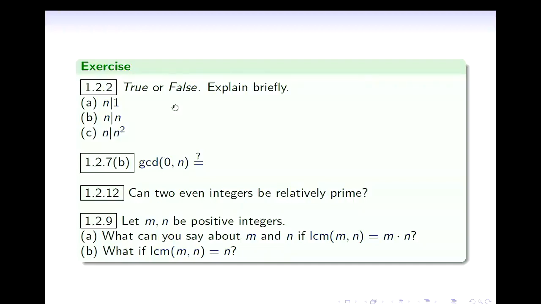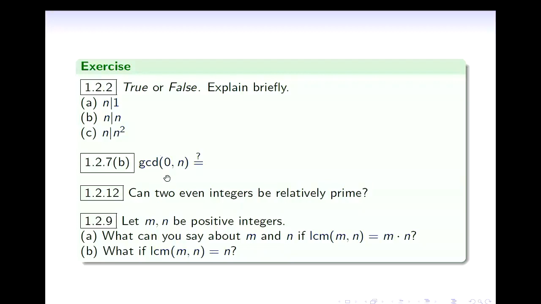False, yes. n is not a divisor of 1, with only one exception. 1 would be a divisor of 1, but you don't have that 5 is a divisor of 1. Is n a divisor of n? Always the case, yes. And would n be a divisor of n squared? Yeah, that is also true. You can obviously multiply n by itself to obtain n squared.